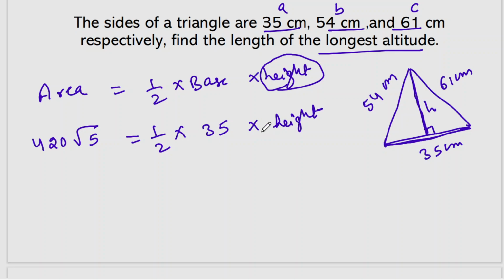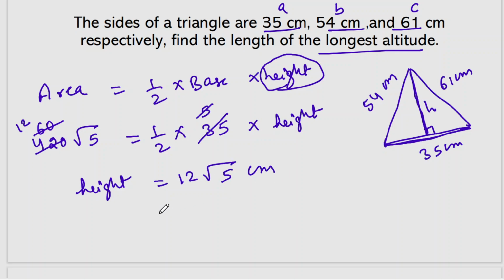Now you can cancel it out, and finally this 2 will multiply with 12, so the height is 12 root 5 centimeter. So our answer is 12 root 5 centimeter.